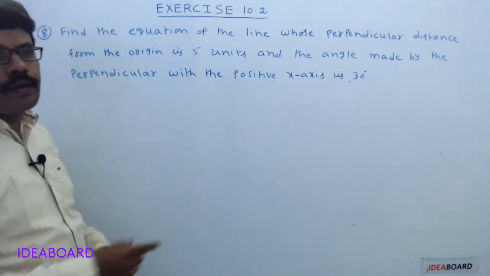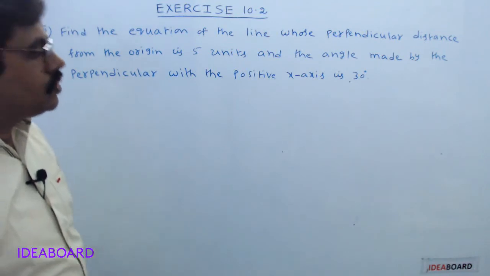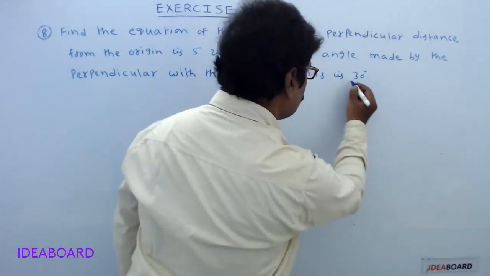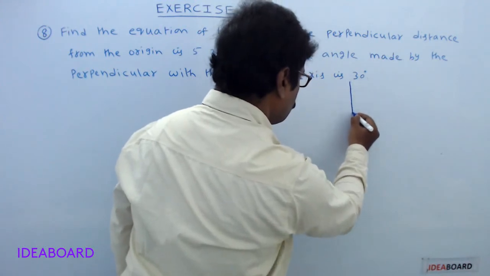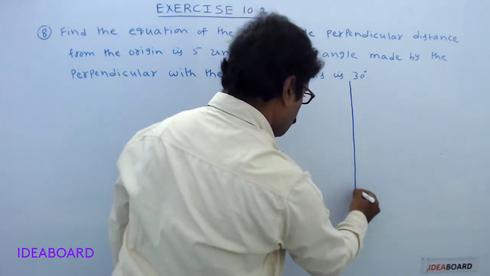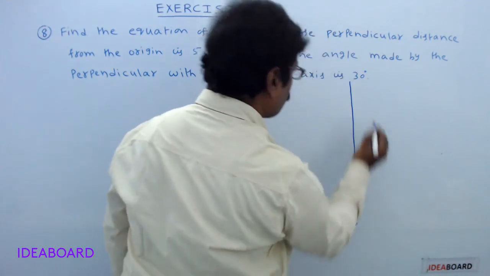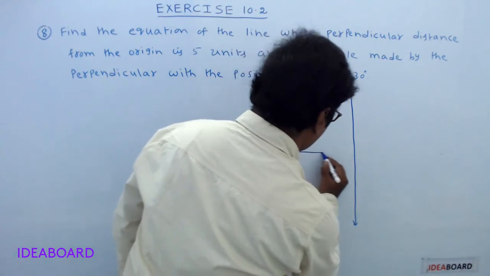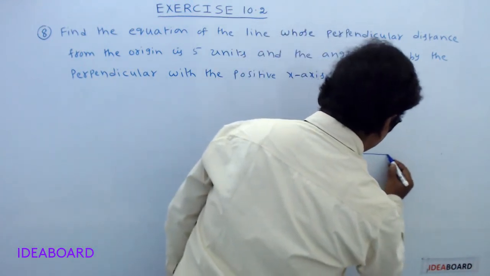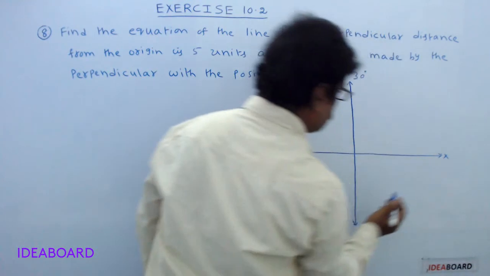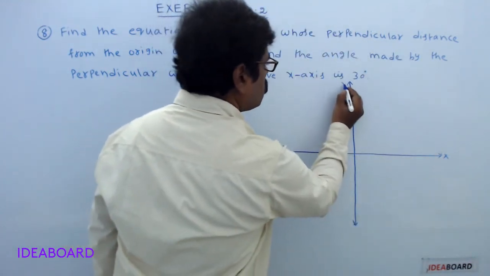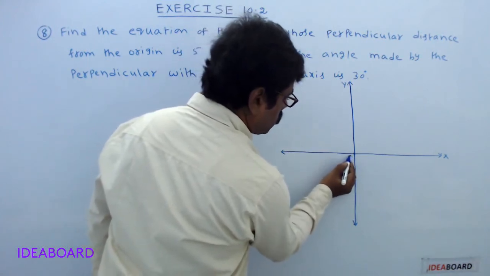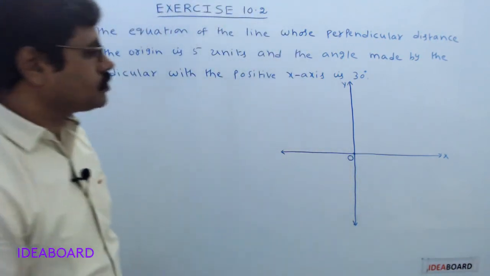Now first draw a rough diagram related to the given data. Draw the coordinate axes. This is the x-axis. This is the y-axis. The point of intersection of the x-axis and y-axis is the origin.